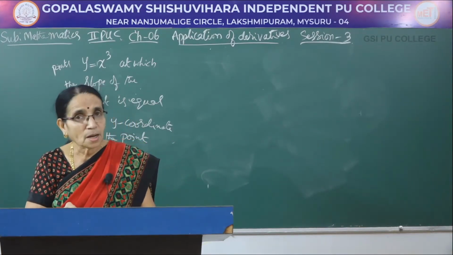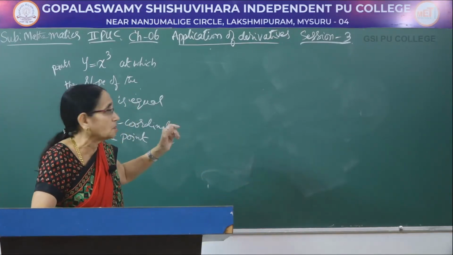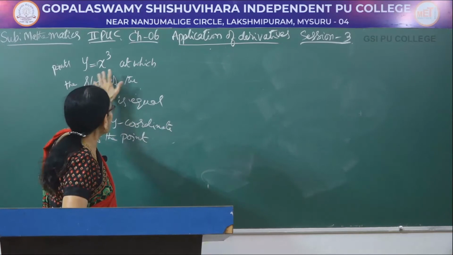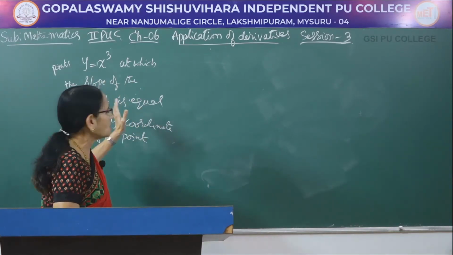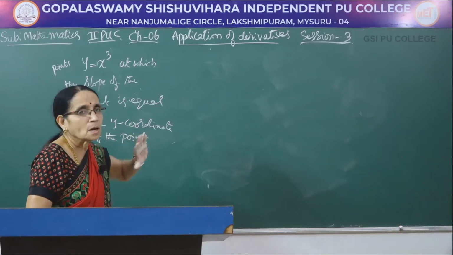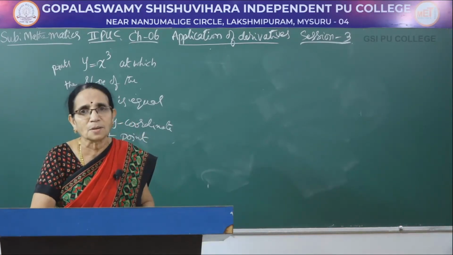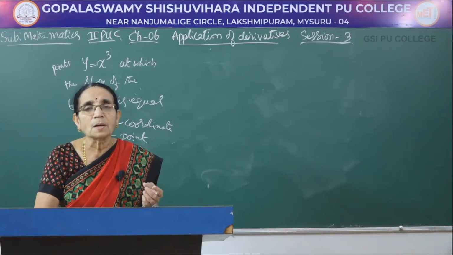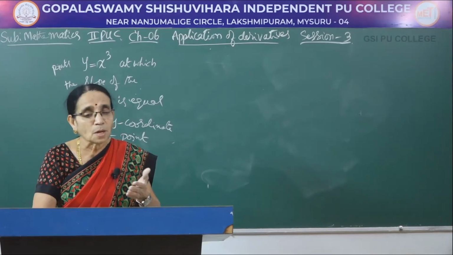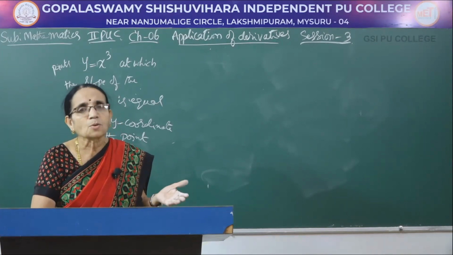You can take the general point to be (x1, y1) or (x, y), you can keep it as it is. Now, y equal to x cube is some curve that is given. You are calculating the points on the curve. Each problem, the condition is a little bit different from the other one, isn't it? Parallel to the x-axis, parallel to a given line, or equation of a tangent is given. So, depending upon the condition, you have to apply different methods to solve the problem.